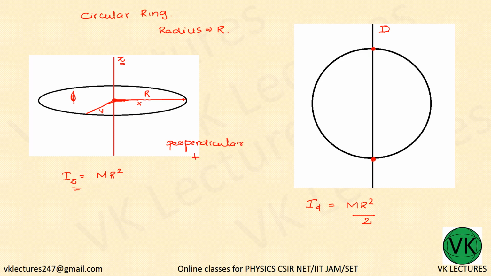What is the plane here? Plane is nothing but the xy plane. Here it is parallel to the xy plane and along the diameter, so ID is equal to mr square by 2. D represents the diameter.